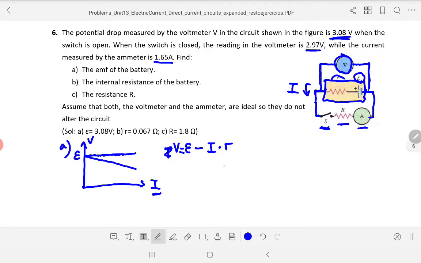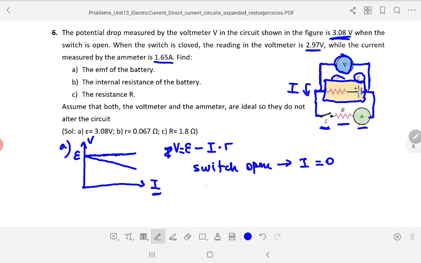minus the intensity times the resistance of the small resistor. So what happens when the switch is open? This means that the intensity is 0.